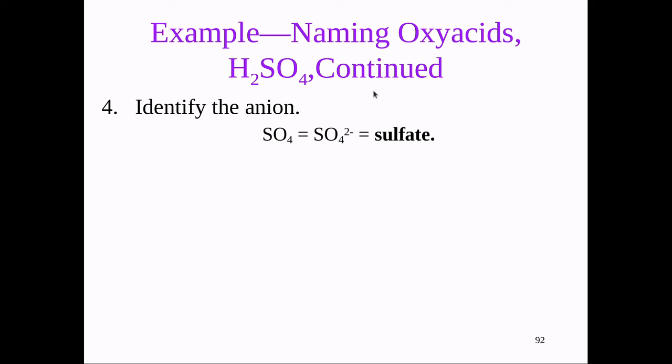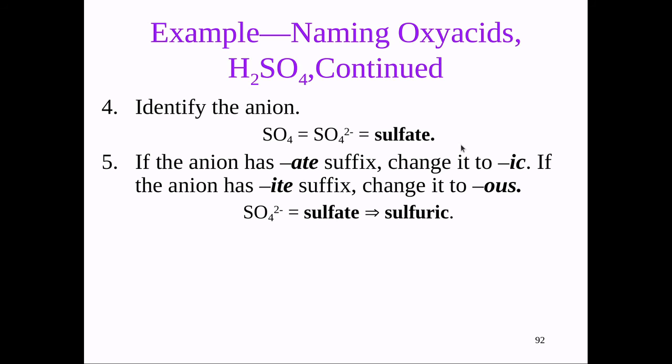We need to identify the anions. We have SO4, which is SO4 2 minus, or the sulfate polyatomic. We need to change the ate to an ic in this case, so sulfate becomes sulfuric.